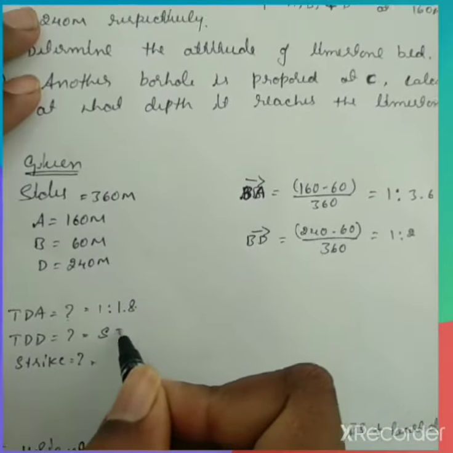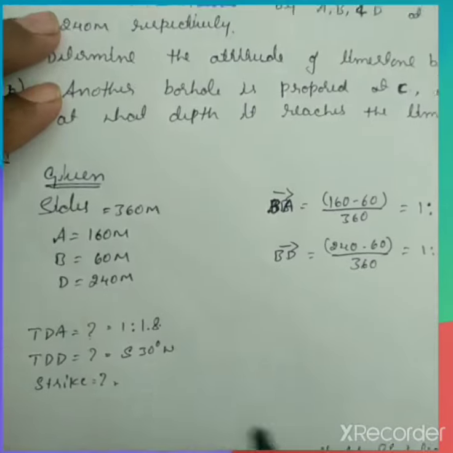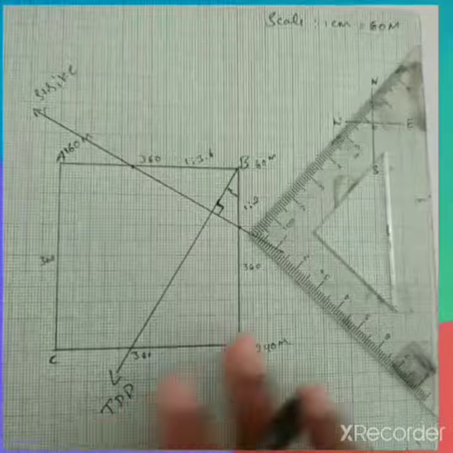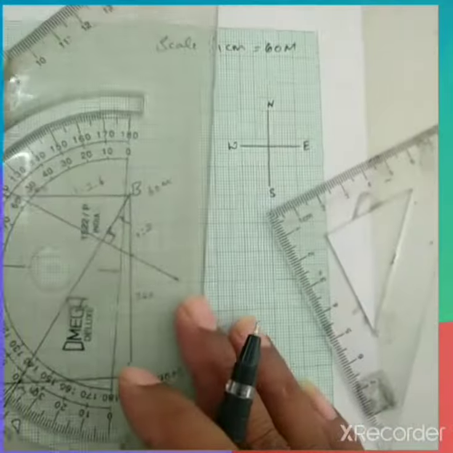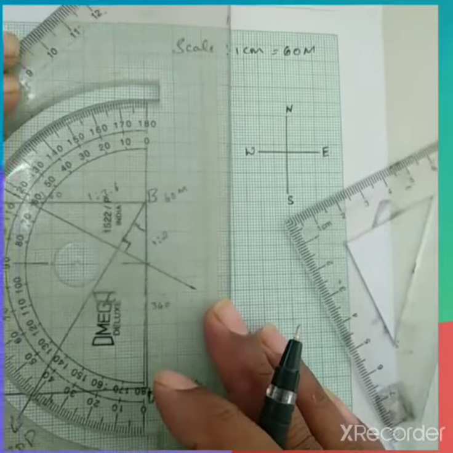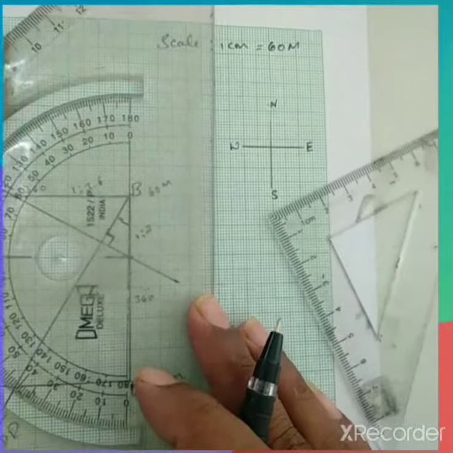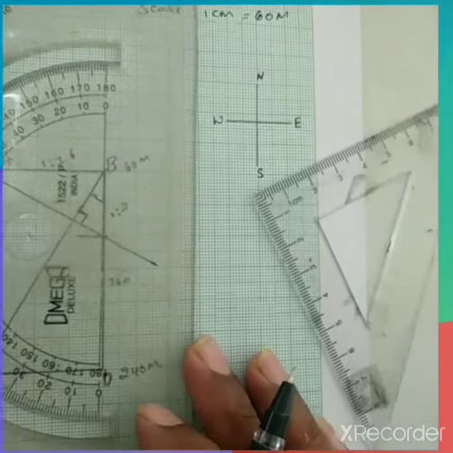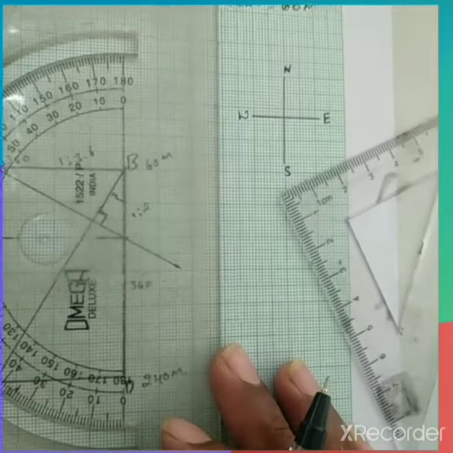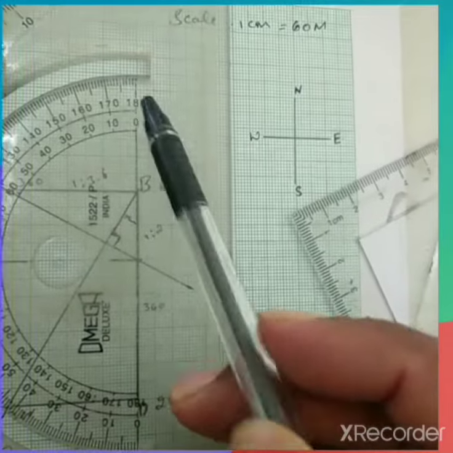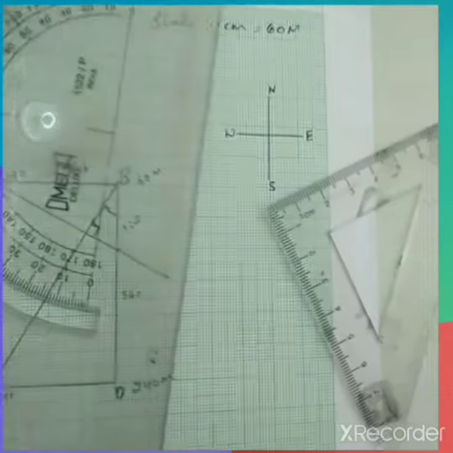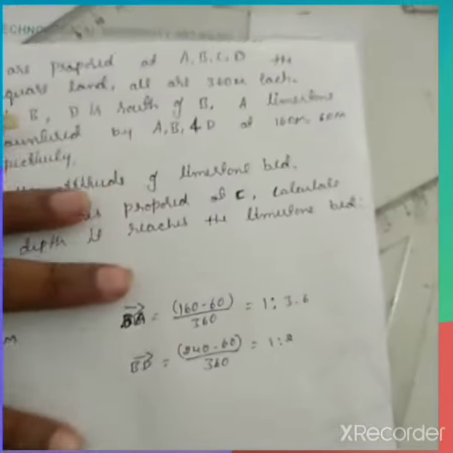And the strike direction is north 61° west, and meanwhile south 61° east.